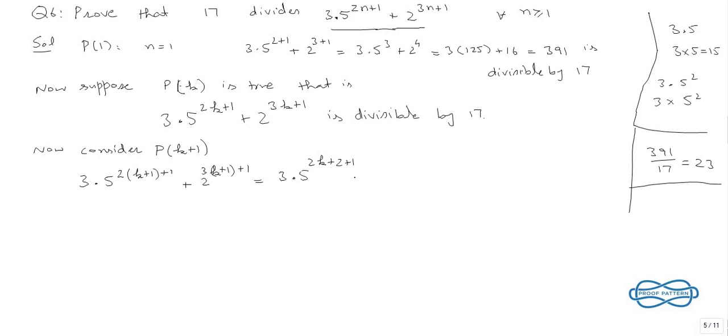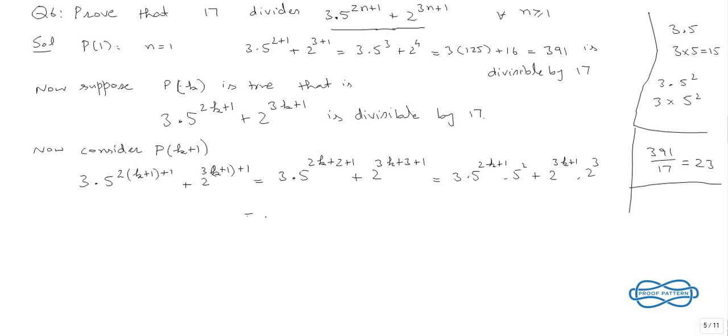Plus 2 to the power 3k plus 3 plus 1, and we can write this as 3 into 5 to the power 2k plus 1 into 5 squared, plus 2 to the power 3k plus 1 into 2 to the power 3.